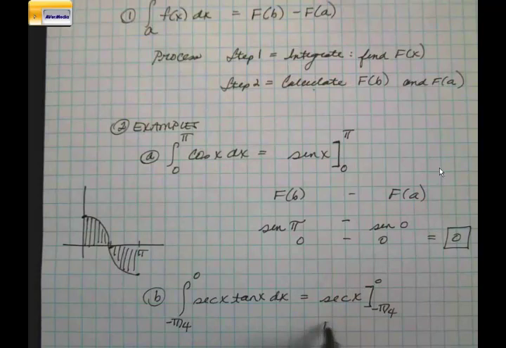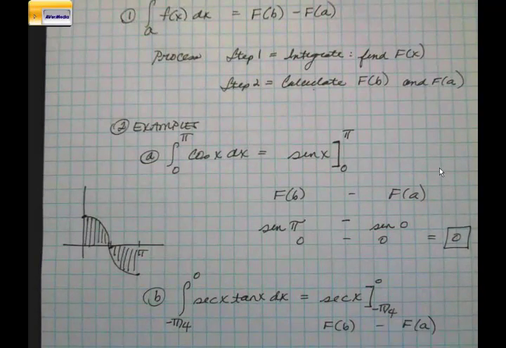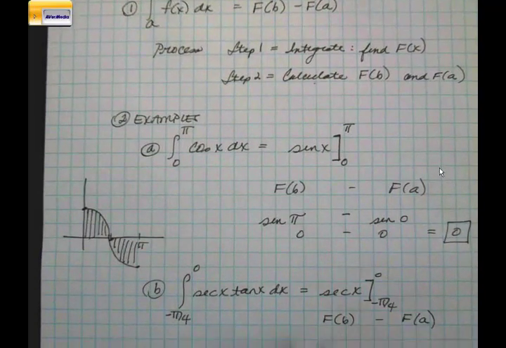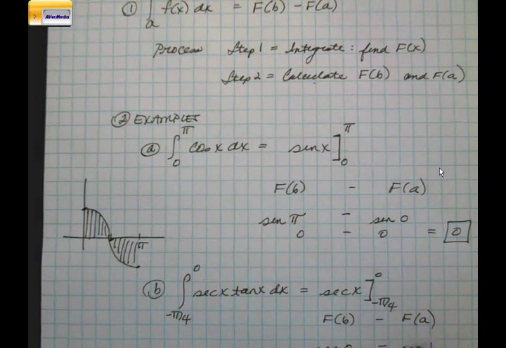Now, the pattern is to do the antiderivative at b, the upper limit, minus the antiderivative evaluated at the lower limit, negative pi fourths. So this is secant of 0 minus secant of negative pi fourths.